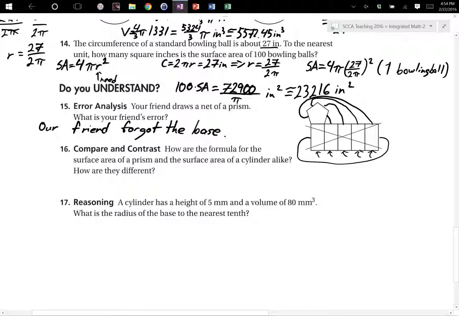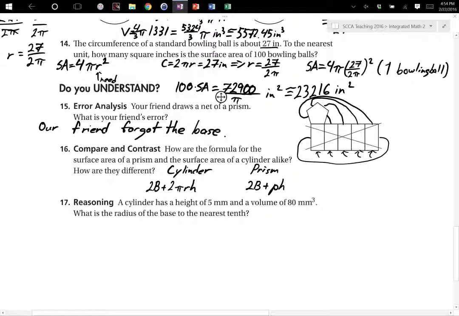Compare and contrast. How are the formulas for surface area of a prism and surface area of a cylinder alike? Well, let's see. We look at cylinder, prism. Surface area is 2 bases plus 2 pi r h, and then the prism is 2b plus p h.